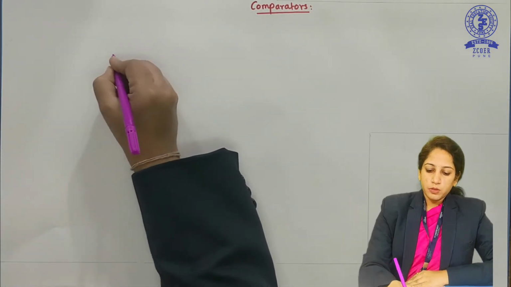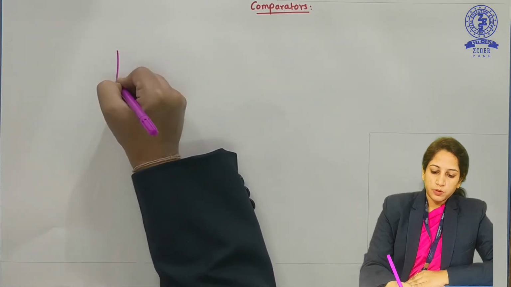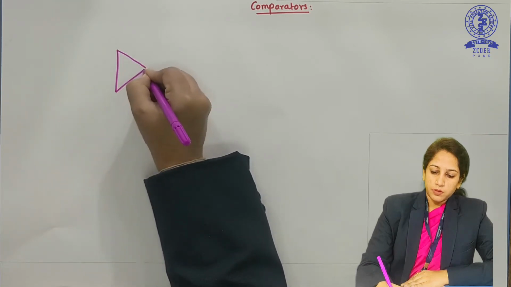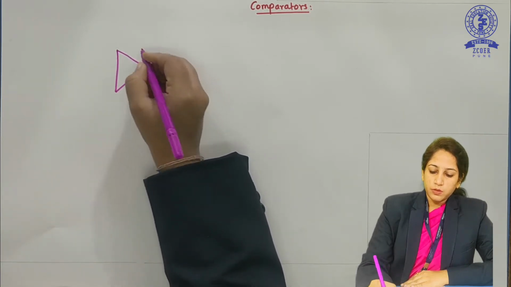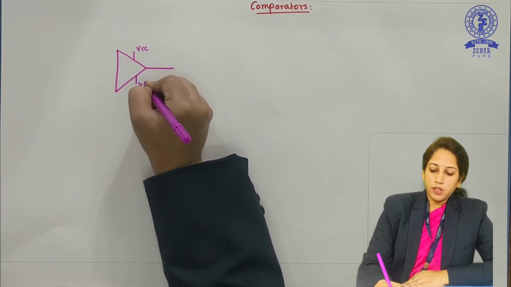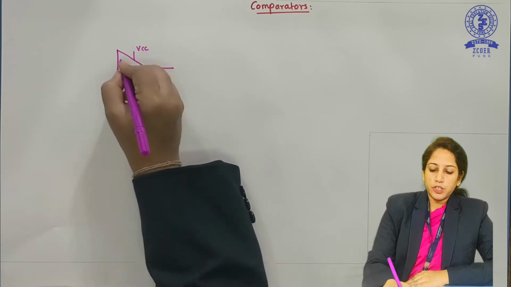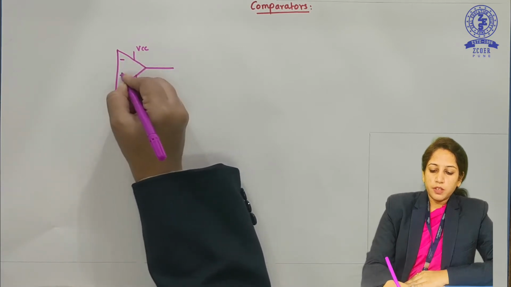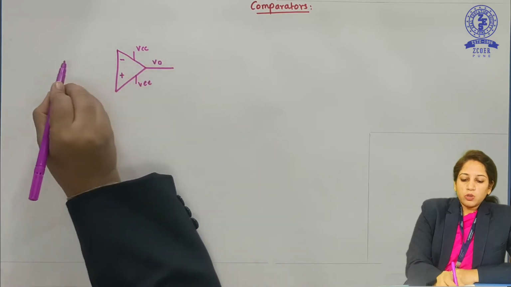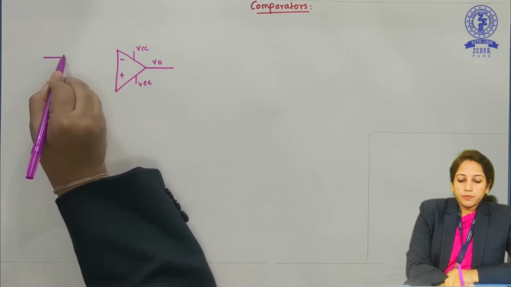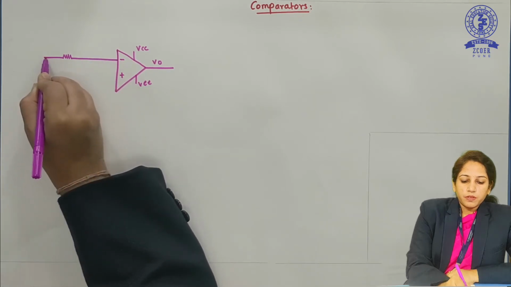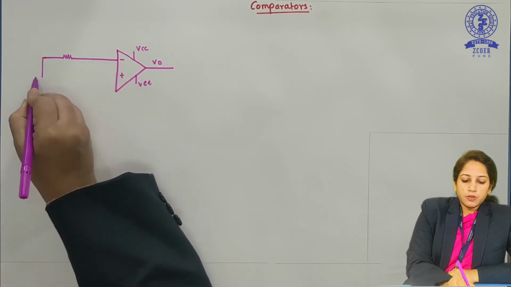VCC and VEE, two saturation voltages. This is the inverting terminal, this is the non-inverting terminal, output V0. On the inverting terminal, I will give a fixed voltage.